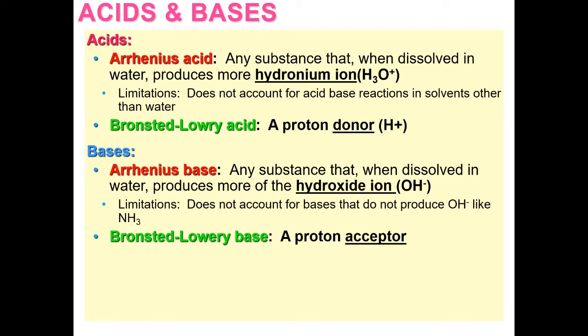So again, the Bronsted-Lowry definition is a little bit broader and more encompassing. And again, it's very similar to the acid, but the opposite. Where the acid is the proton donor, a base is the proton acceptor, a compound that's capable of receiving that H plus ion.